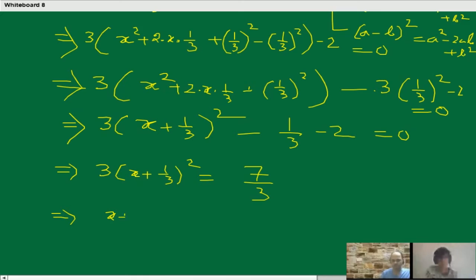If we divide both sides by 3, it would be 7 over 9. Check it once if it is clear or not. From the very first step you can check.